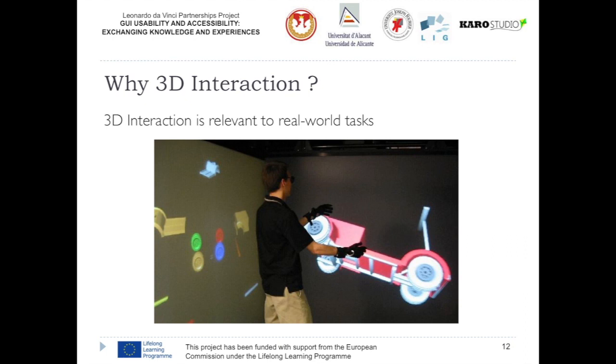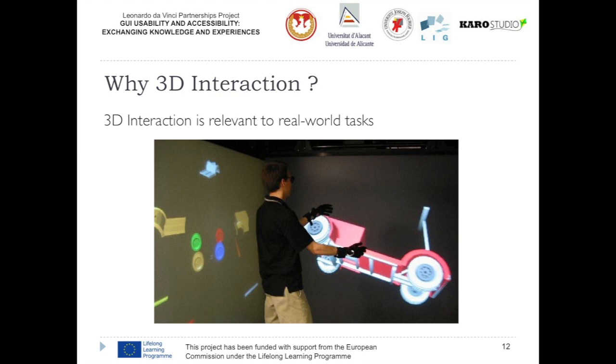Compared to the classical 2D WIMP interaction, so WIMP means Windows, icon, menu, and pointer, 3D interaction uses the third dimension. Data is not defined in the image plane. Each point has a depth, and most of the time the classical 2D mouse manipulation is not enough. So, interacting with 3D spatial contexts is more than refining 2D interactions.